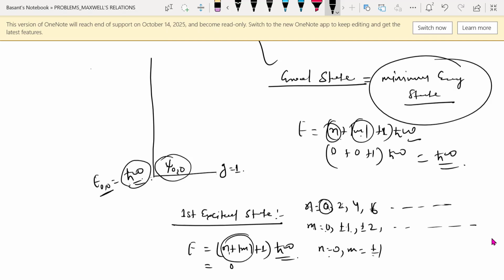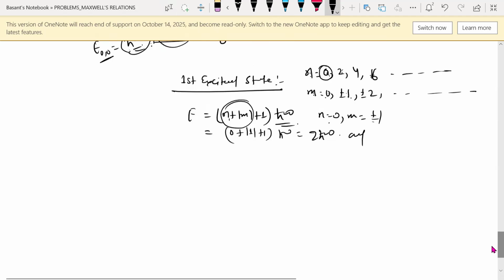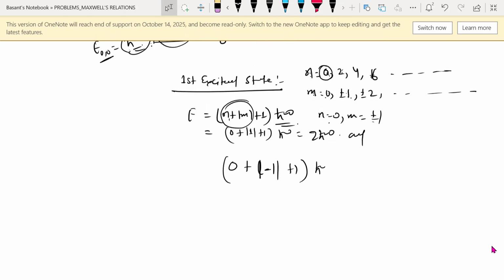First is 0 plus 1 plus 1 times h bar omega, that gives 2 h bar omega, and 0 plus mod minus 1 plus 1 times h bar omega, which is also 2 h bar omega. Hence, the first excited state.